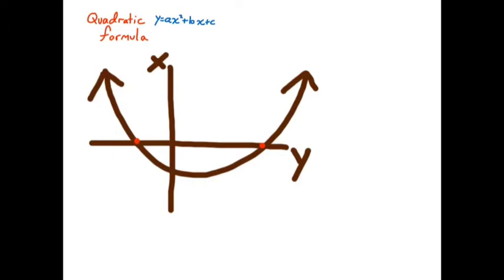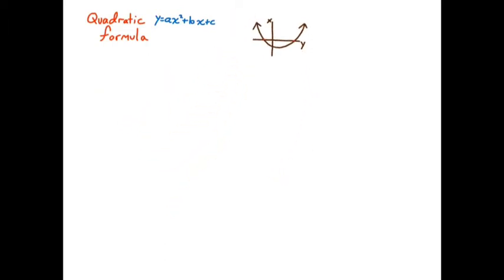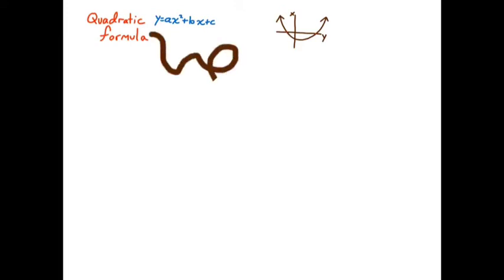Those are the roots. So that's what the quadratic formula does. Here, I'll draw a little squiggly line to connect the dots. This gives you the roots. That's what it does, in a nutshell.